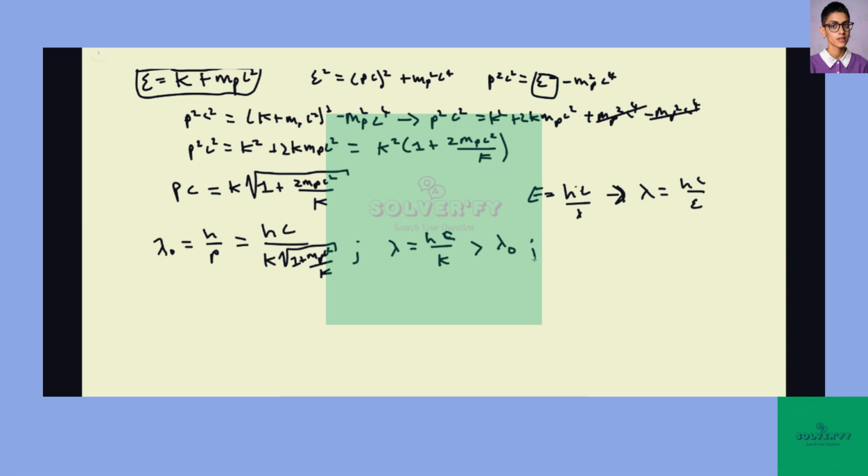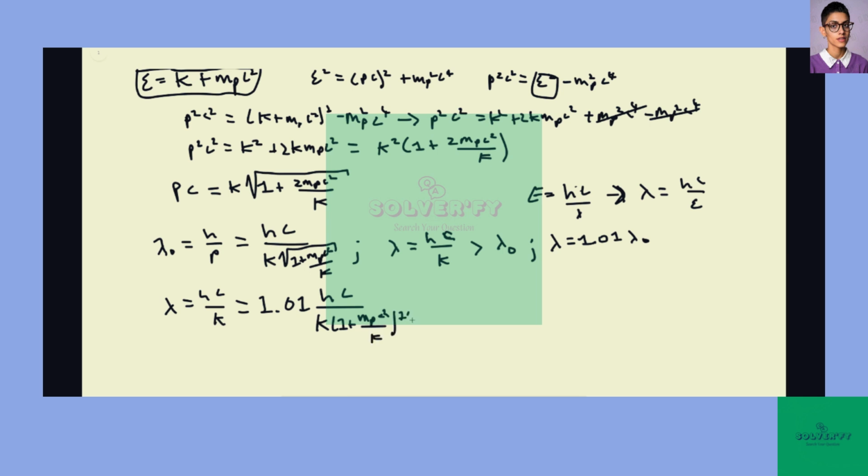And then we want lambda to be within 1%, so 1.01 lambda 0. That means it's going to be 1% larger, within 1% of lambda 0. So now we can plug all of this in and say lambda is equal to hc over k, which is going to be equal to 1.01 times lambda naught, hc over k times the square root of 1 plus m_p c squared over k.